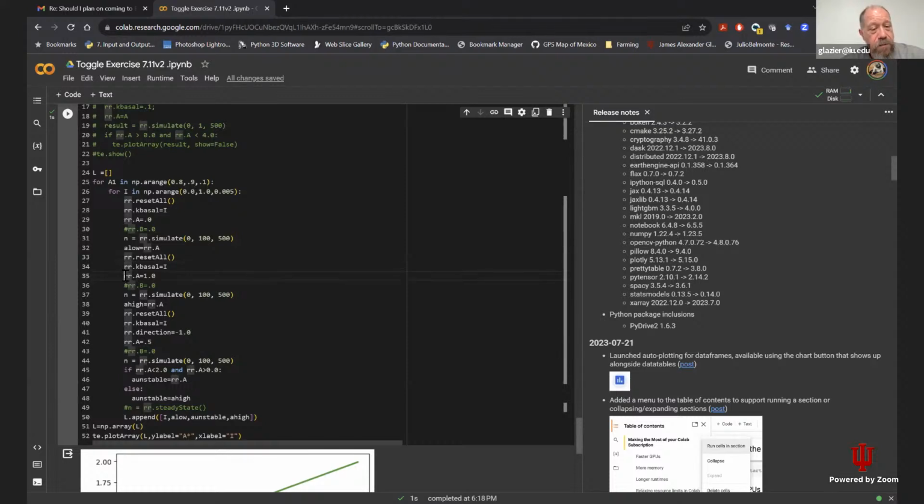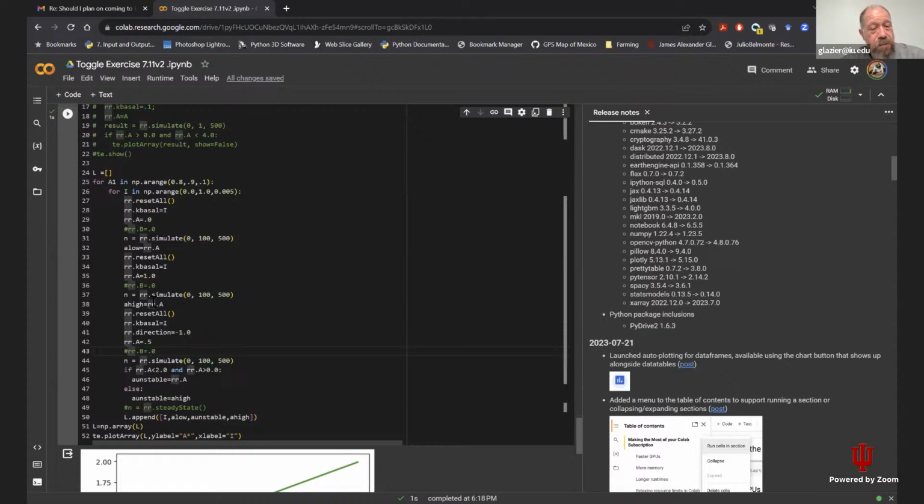I start with a high value of A. I run for a while. I set A high equal to that. I reset. I set my K Basel again. Now I set my direction to be backwards. I start somewhere in the middle because I know it has to be between those two limits.